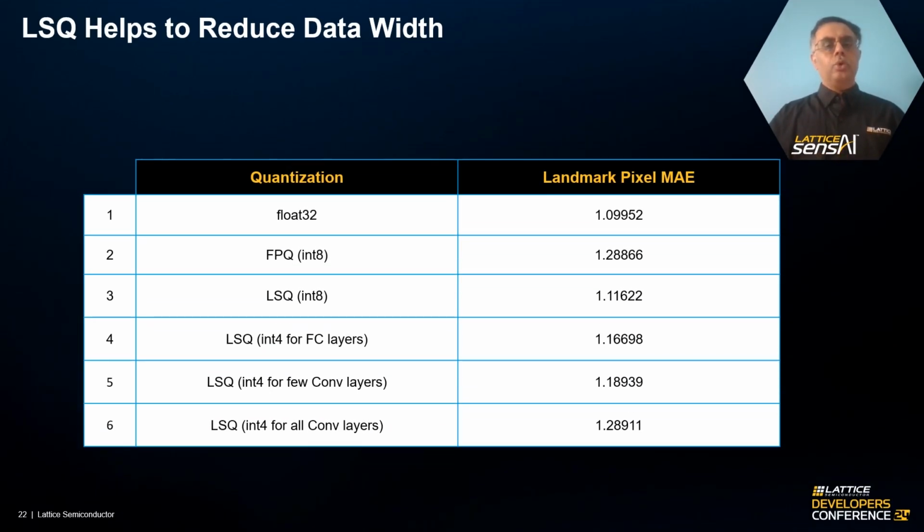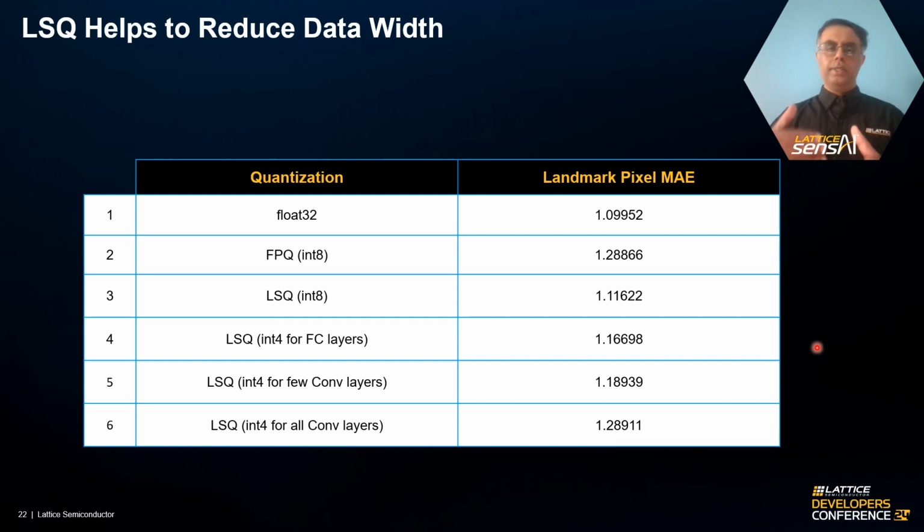LSQ also helps to reduce the data width. Now instead of going only to int 8, we can even go further to int 4. Earlier, when the loss gets minimized, there is now a freedom in terms of the model size reduction.